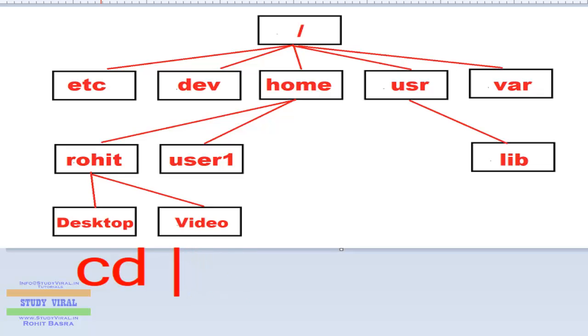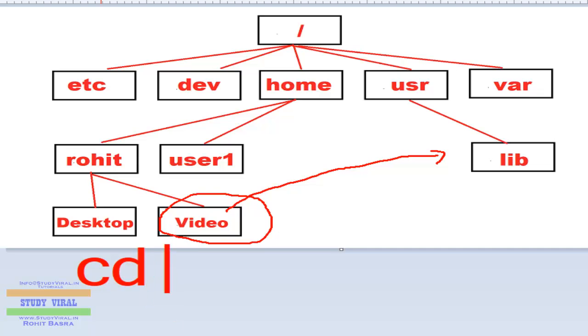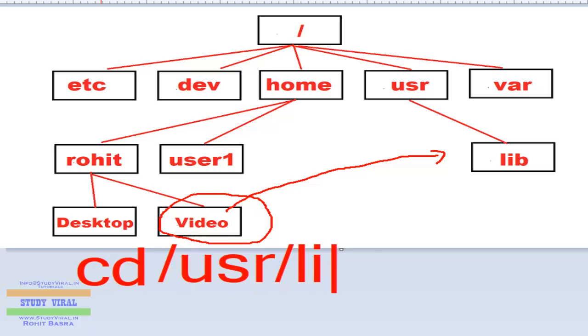If you are in video directory over here, and you want to go to this library directory, then you just type cd, and after that slash, that represents your root directory, and usr slash library, and press enter. You can directly go from video directory to library directory by following root path.